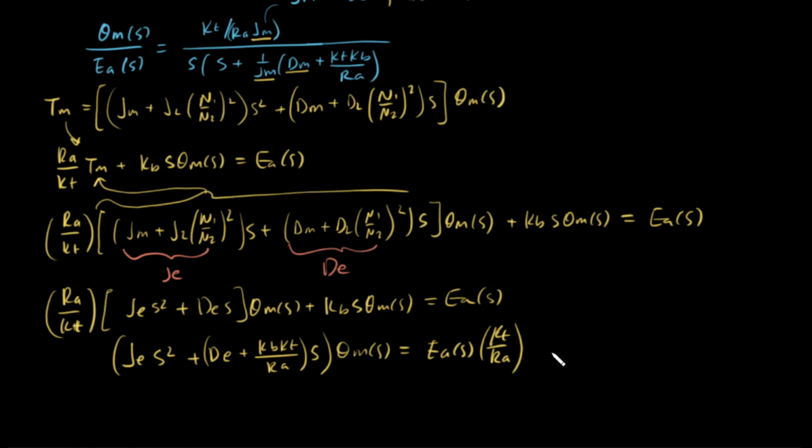And then we want to normalize this by JE, so we'll divide both sides by JE.